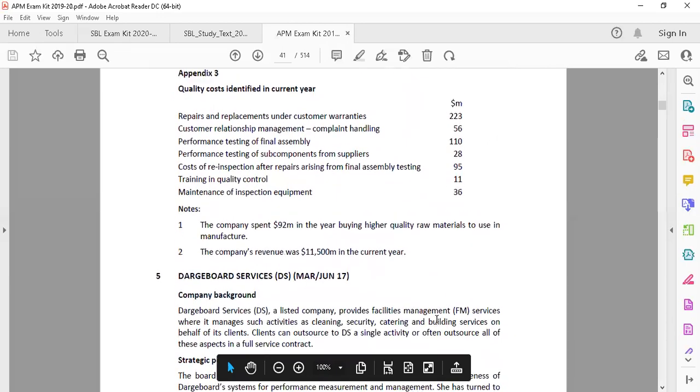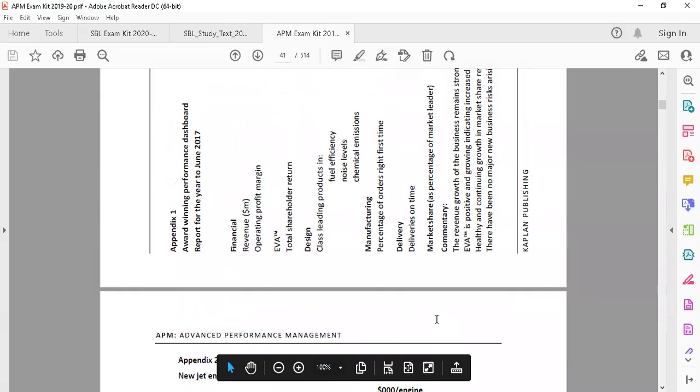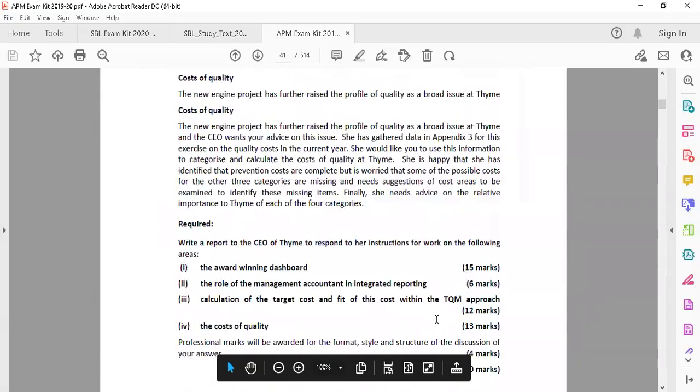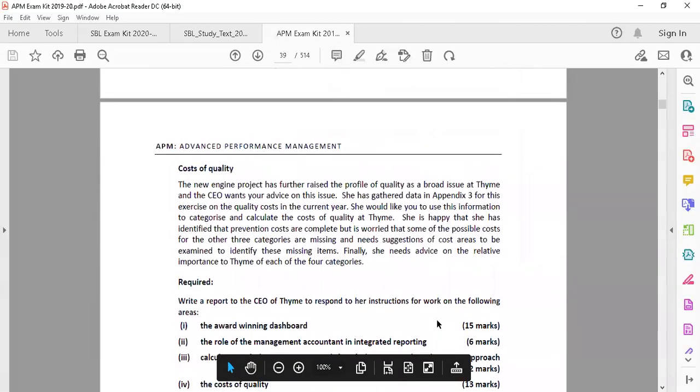Okay. Let's take this question to Excel. So there's something about cost of quality given.